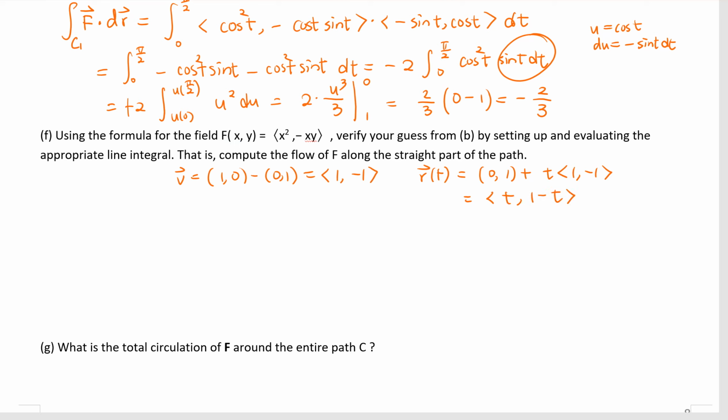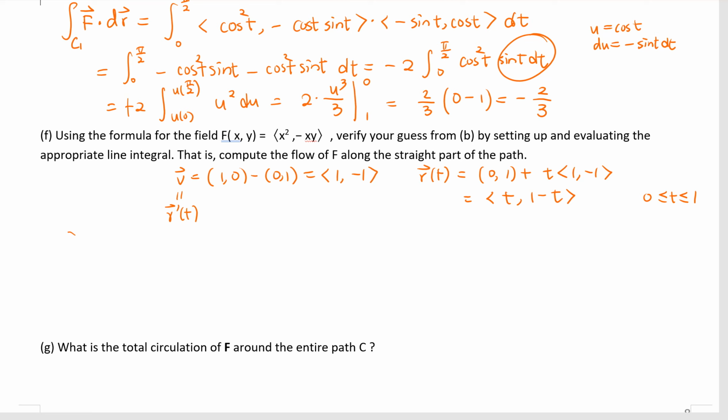So far, so good, everybody? And we know the direction vector is the same as gamma prime of t, right?